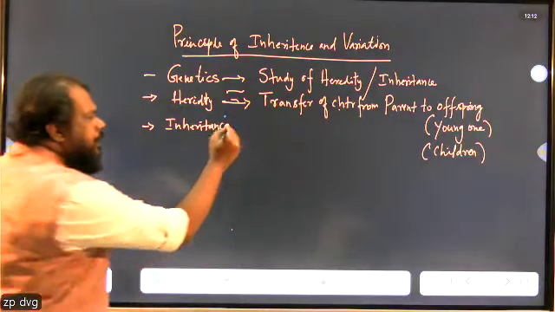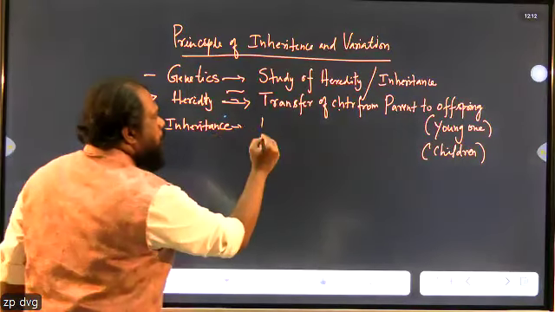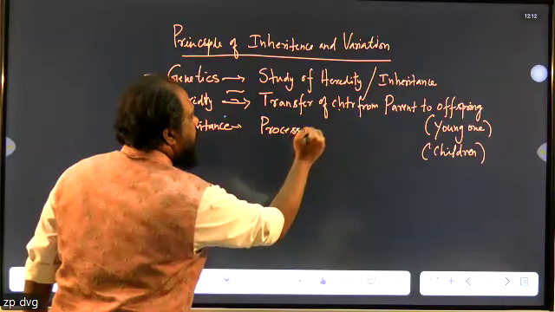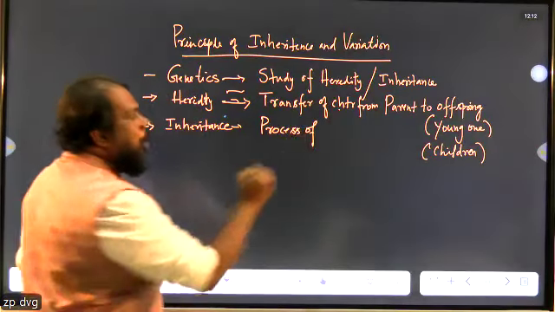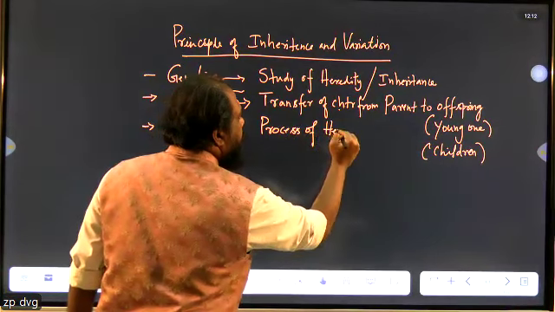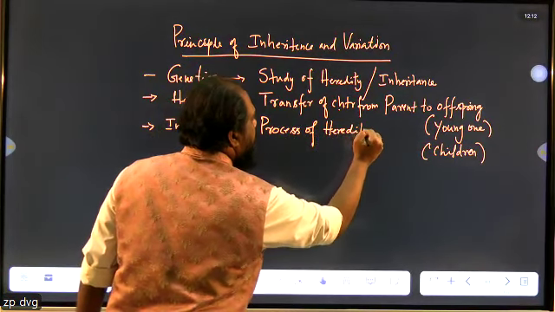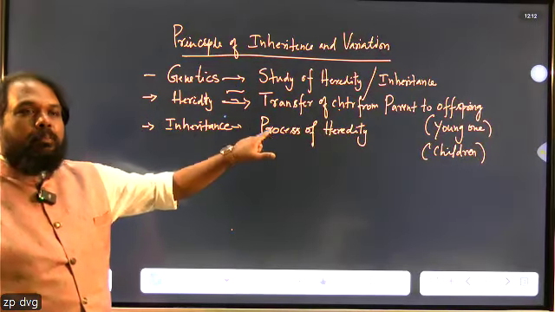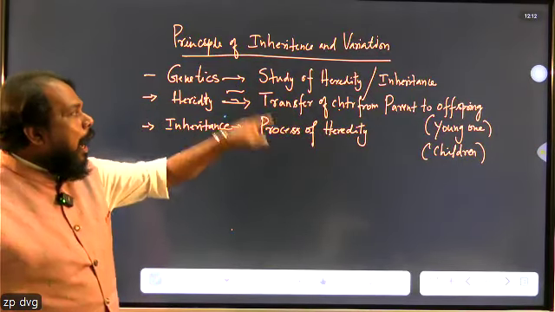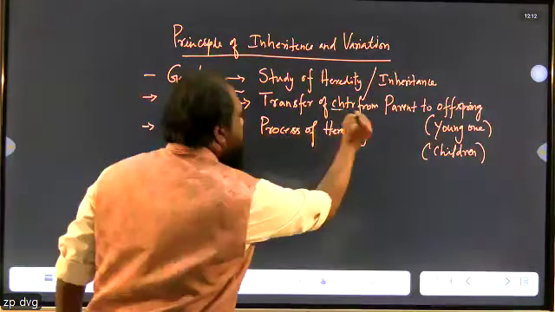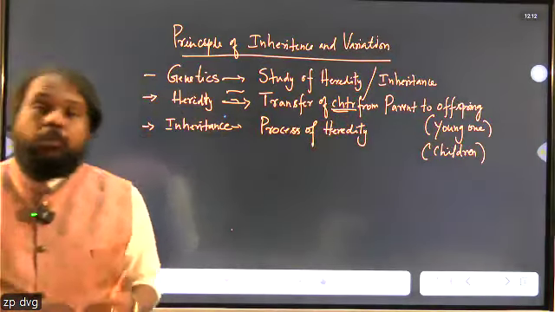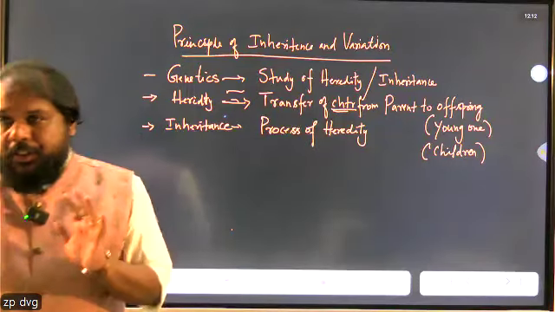Now, what is inheritance? Please understand, inheritance is the process of heredity. Okay. What is inheritance? Inheritance is the process of heredity. That means how a particular character transfers from one generation to other generation. Understood? No?